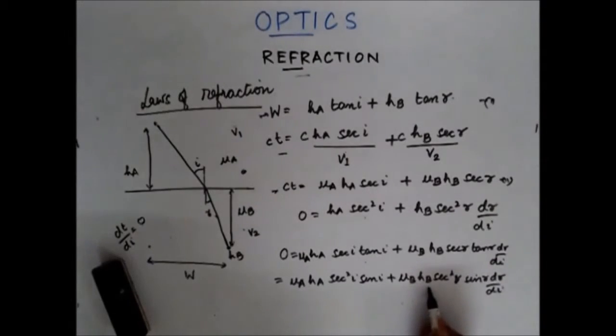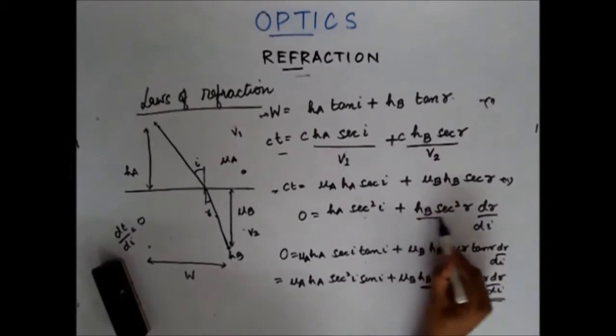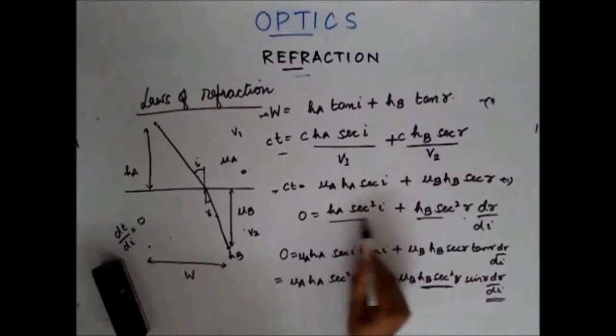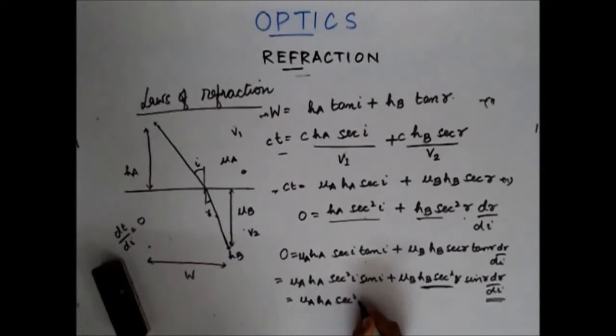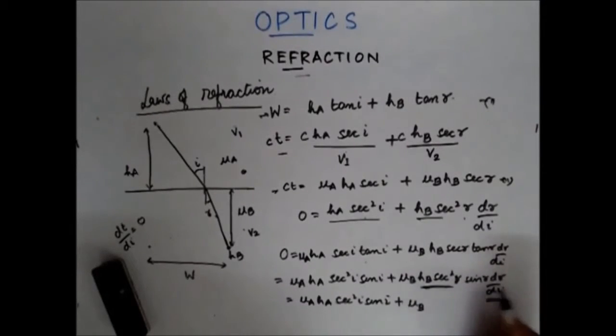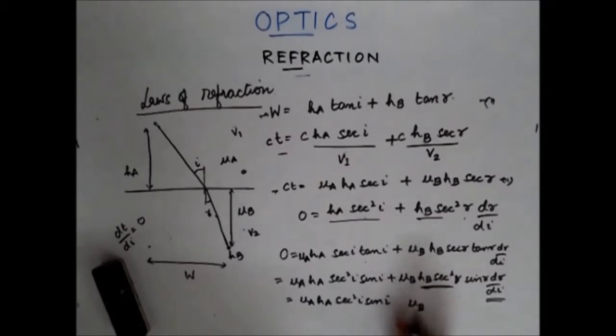Now you see HB sec square R dr by di is what? Minus HA sec square I. So I can write mu A HA sec square I sin I plus mu B HB sec square R dr by di as minus HA sec square I, and here I have sin R.